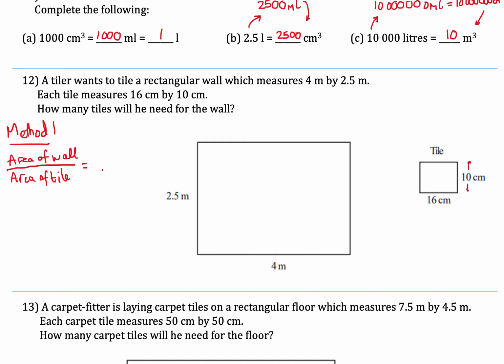So the area of the wall, now the important thing is we need to do this in the same unit. So I'm going to do this in centimetres. So we need to just convert these to centimetres first. That's 250 centimetres. This one's 400 centimetres. So the area of the wall in square centimetres, if I do 250 times 400, is 100,000 square centimetres.